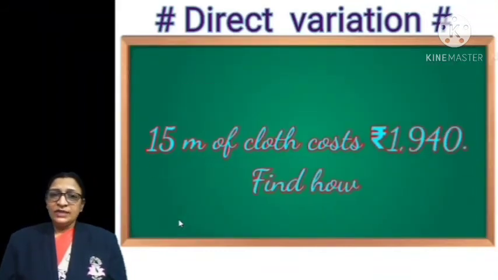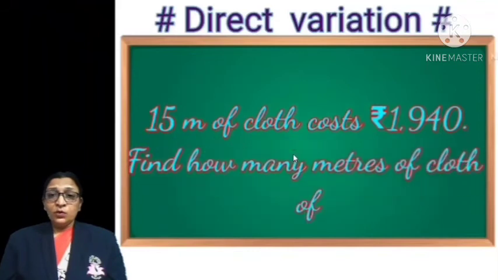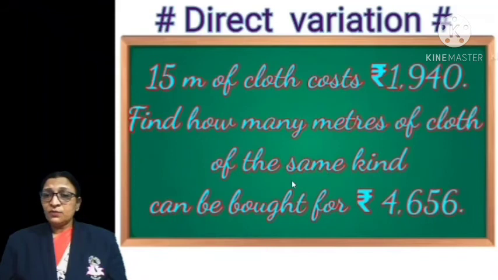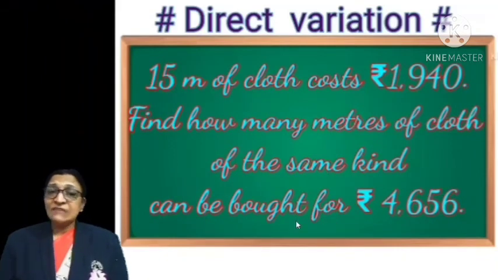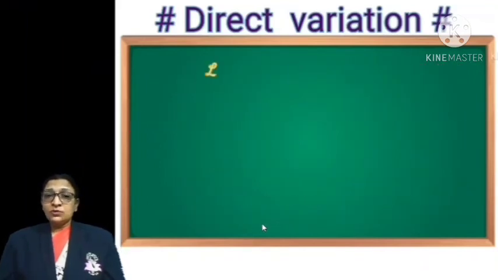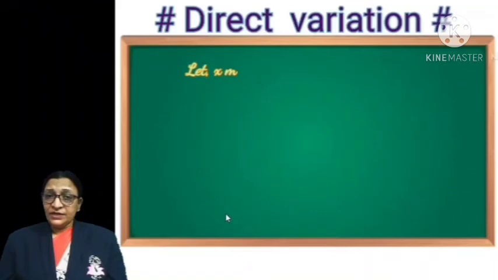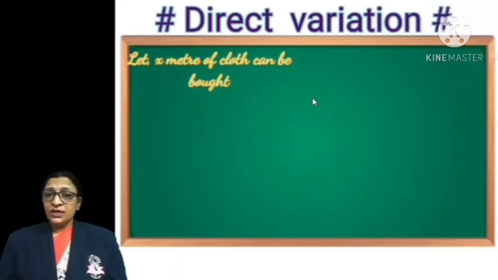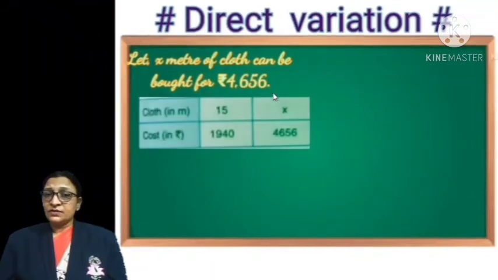Let us see one more example. 15 meters of cloth cost rupees 1940. Find how many meters of cloth of the same kind can be bought for rupees 4656. So this is also an example of direct variation. Let us consider x meters of cloth can be bought for rupees 4656.